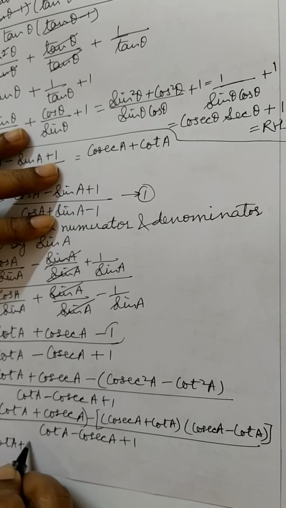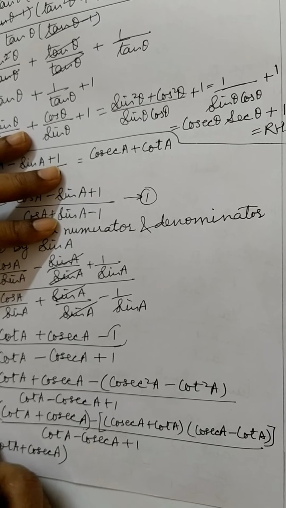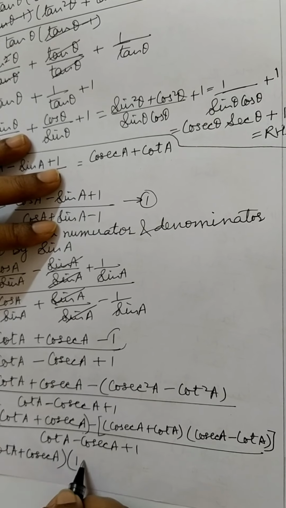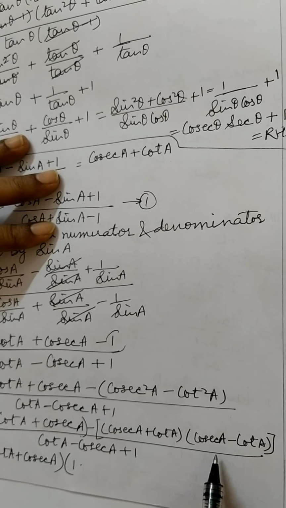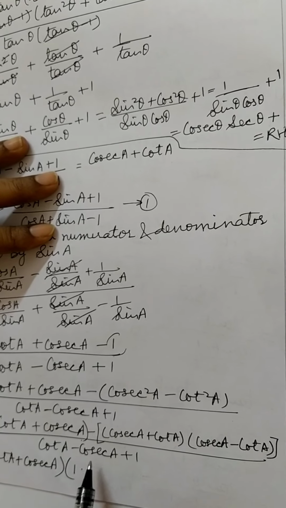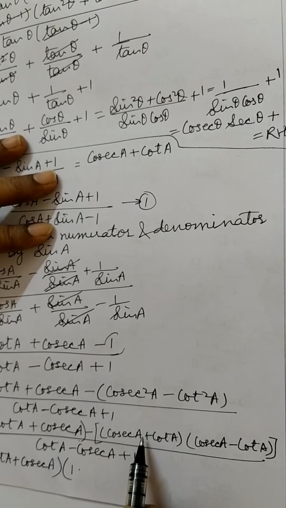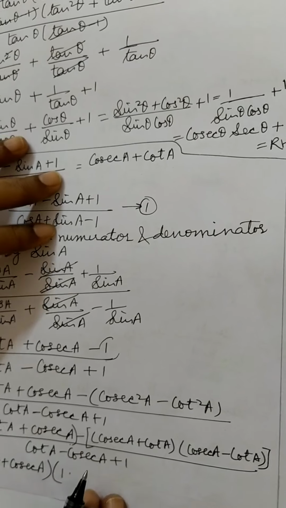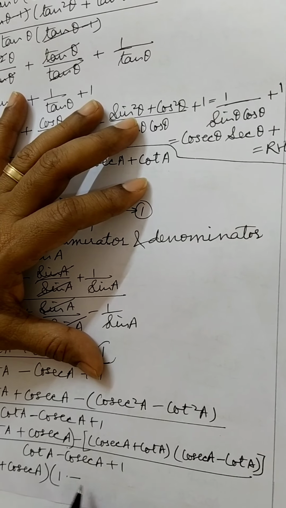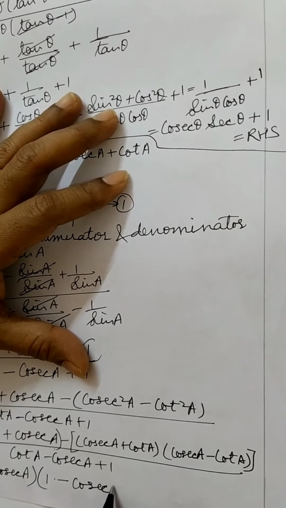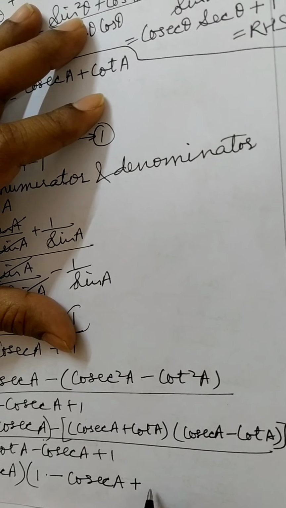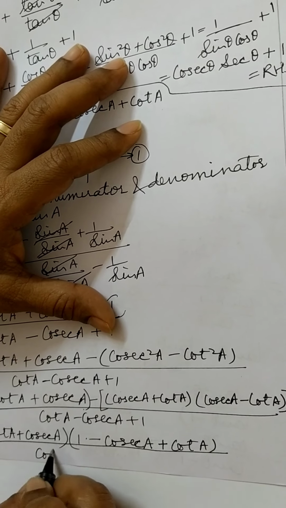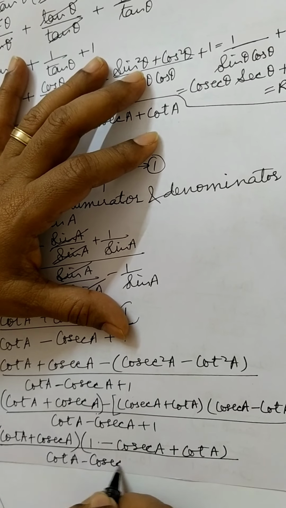So cot A plus cosec A is common, and in place of the bracket we are left with 1, because we have taken out cot A plus cosec A. So 1 into this bracket will be this bracket only, with the minus sign outside it will be minus cosec A, and this sign will be changed, plus cot A. Denominator same, cot A minus cosec A.